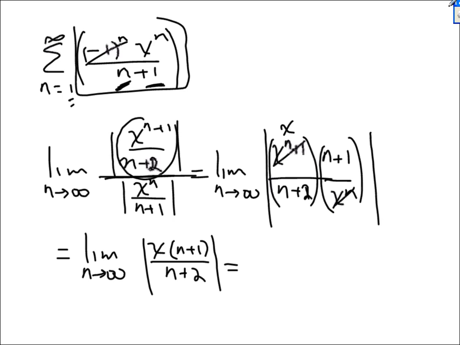Well, this limit is x because this fraction gets closer and closer to 1. If n is a billion, if somebody owed you $1 billion plus $2 and they cheated you, they gave you $1 billion plus $1, however sneaky you feel, you're not going to say a word.